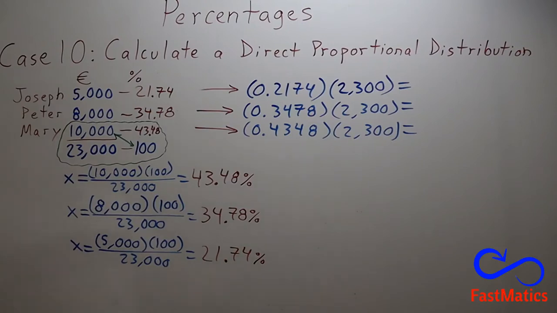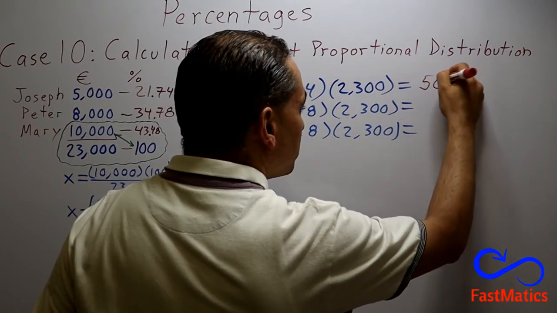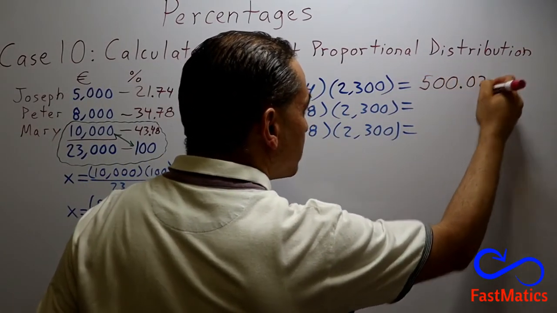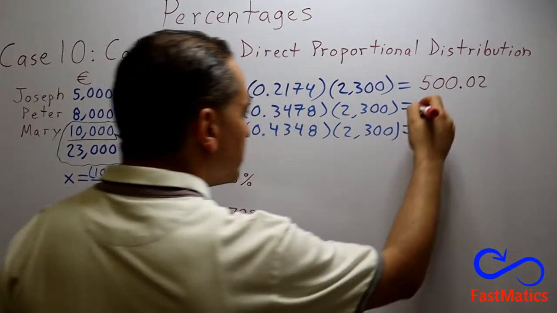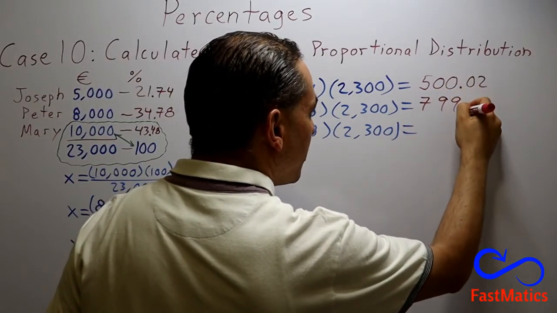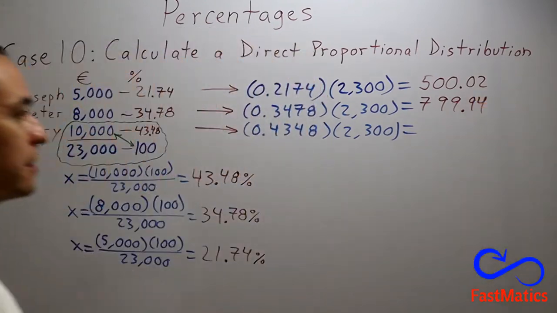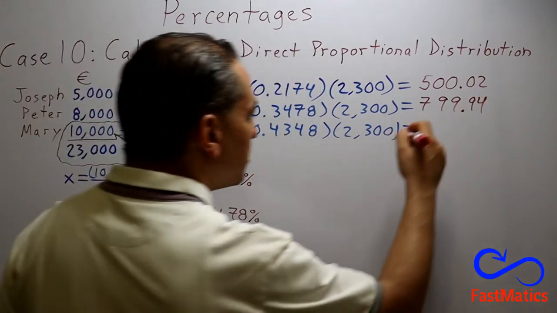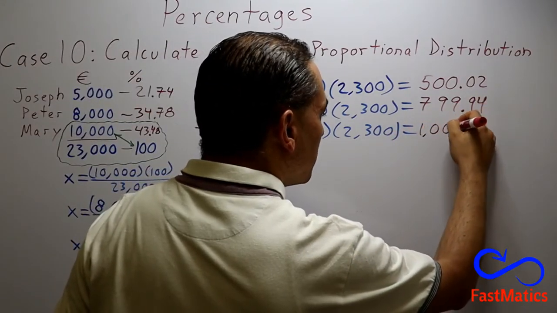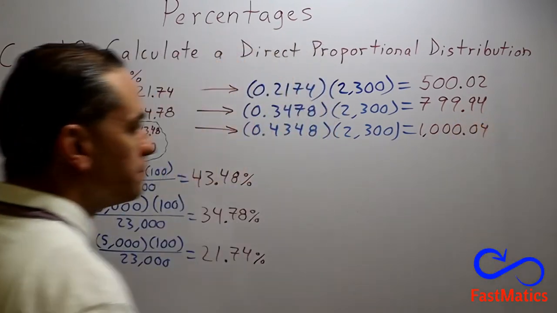And the first answer is 500 euros with 2 cents. The second answer, 799 with 94 cents. And the final answer, 1,000 with 4 cents.